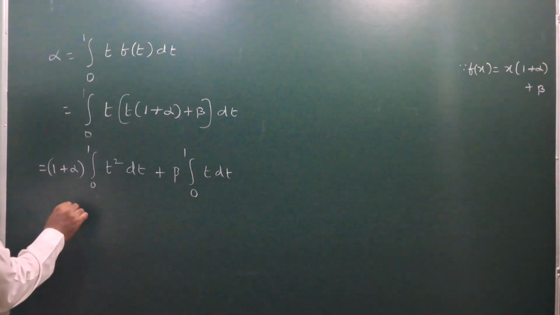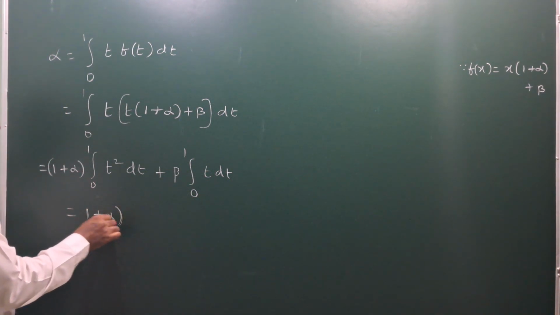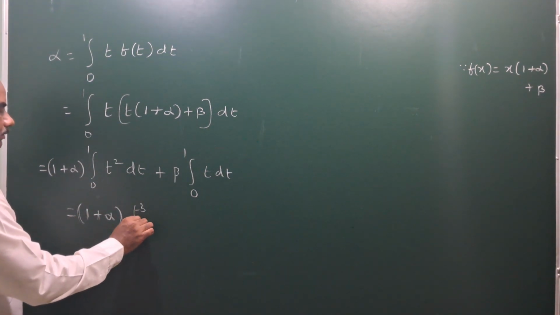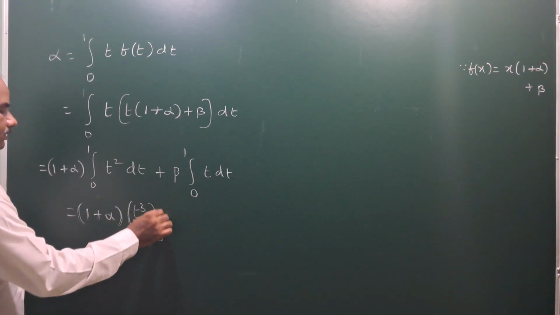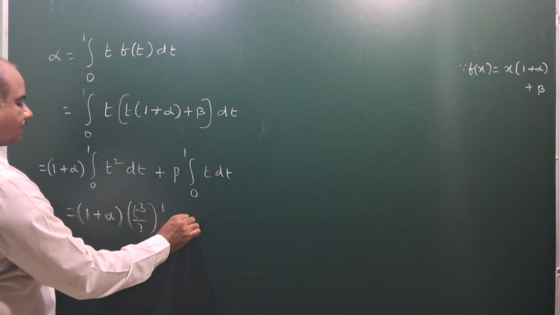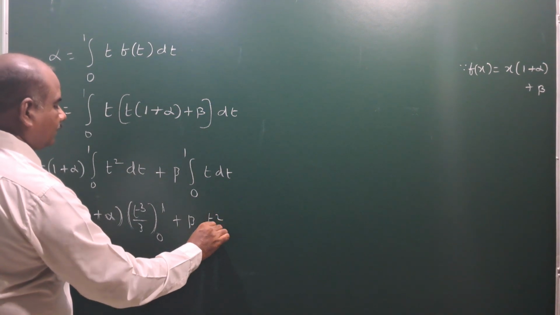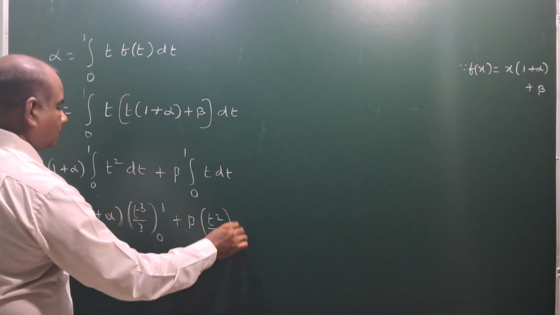Okay, this is equal to (1 plus alpha) into the integral of t squared, which is t cubed by 3, with limits 0 to 1, plus beta into the integral of t dt, which is t squared by 2, with limits 0 to 1.